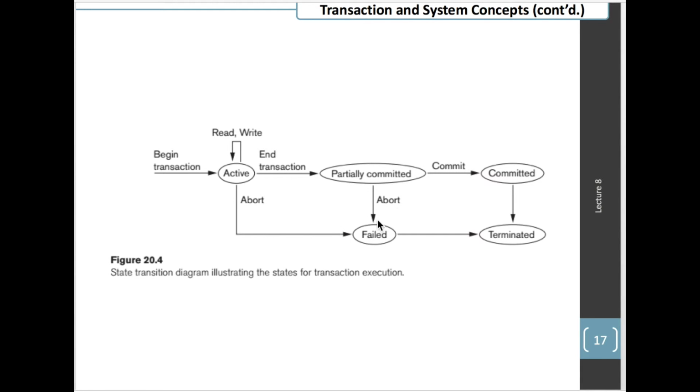The result of aborting is always that the transaction fails. If we complete with partially committed, it will complete committing, then its state will be committed and then terminated. So the termination state could be committed or aborted.